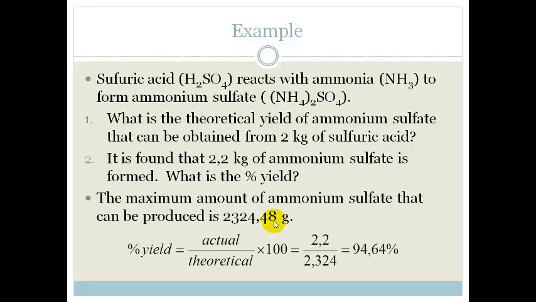So we can use a calculation which is actual over theoretical, which is 2.2 over 2.324, which gives you 94.64%, which is awesome. That is a fantastic percentage for a chemical reaction. So that is very good, and it means that your reaction has worked very well. Right, that is all. Please make sure that you know how to do theoretical yield, and have a lovely day.